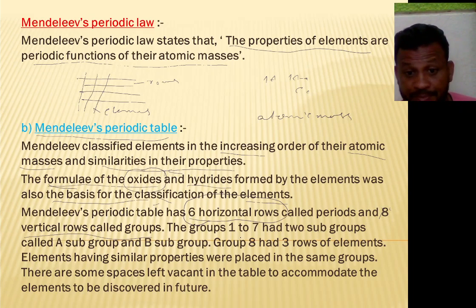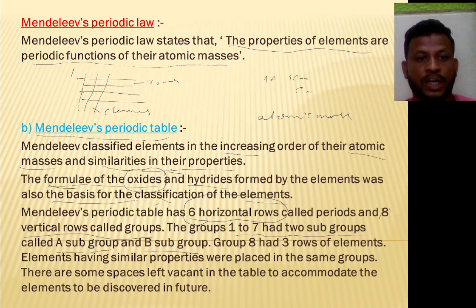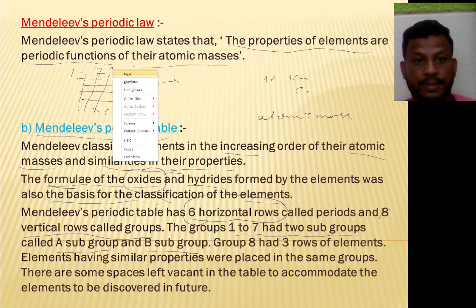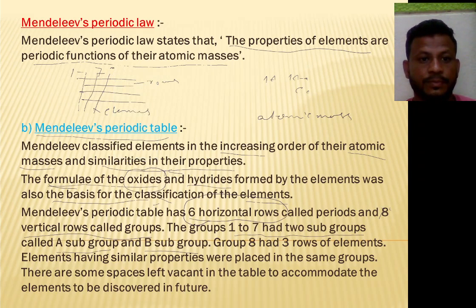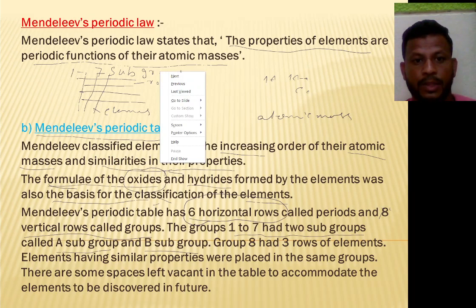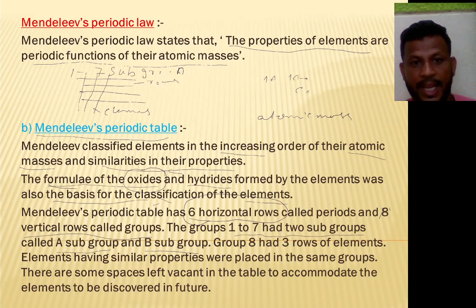Look here, next, groups 1 to 7 have 2 subgroups called A subgroup and B subgroup. It means from 1 to 7 having subgroups A and B, right?